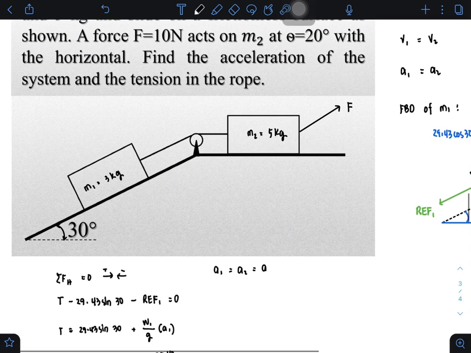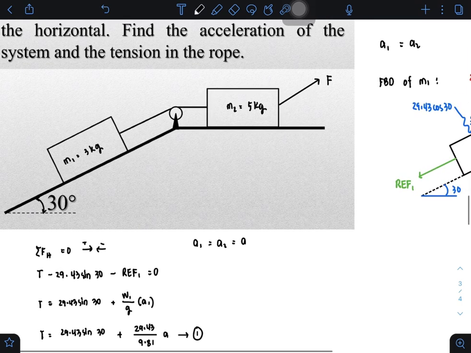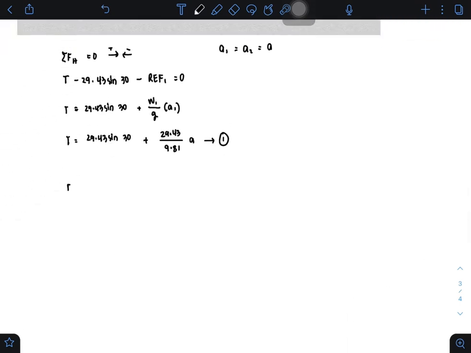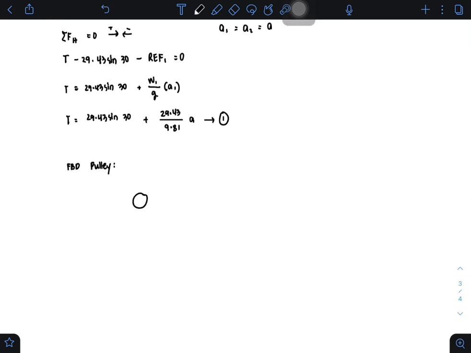Next we're going to proceed with the free body diagram. But first, let's start with the free body diagram of the pulley. I just want to highlight that this pulley bears no difference in tension.